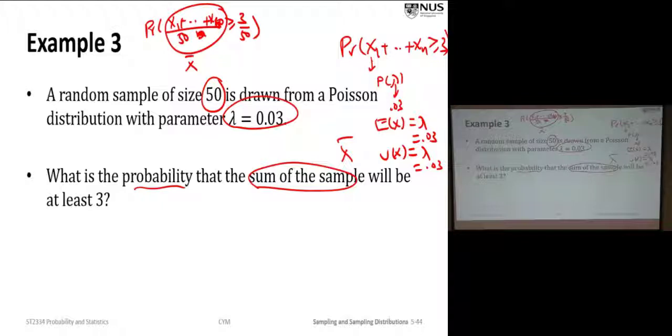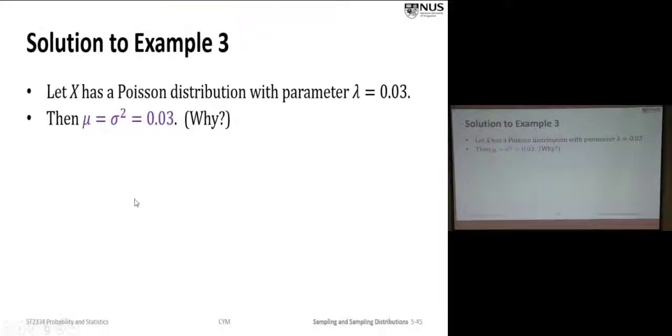I don't know the distribution of the sum, but I can convert it to the sample mean, and I can approximate its distribution by the central limit theorem, provided that my sample size is big, and n equal to 50 is considered big. So I have a way to solve the problem.